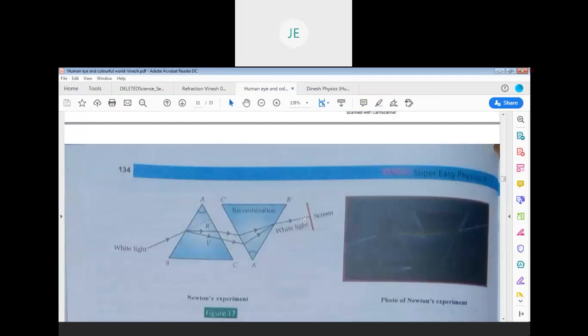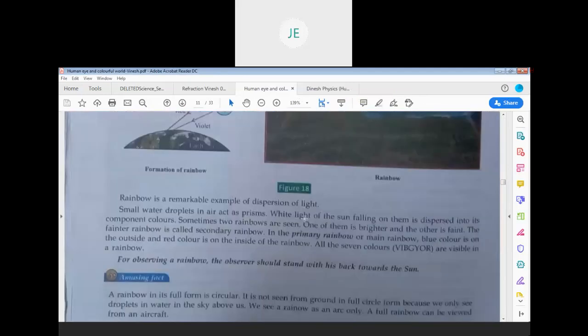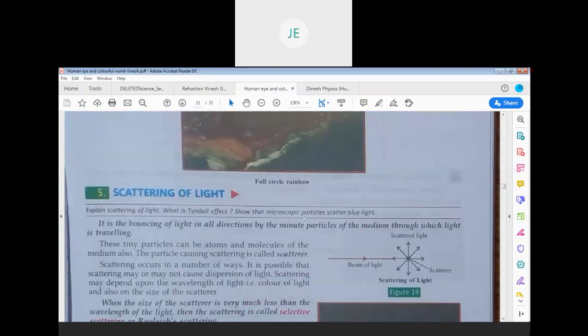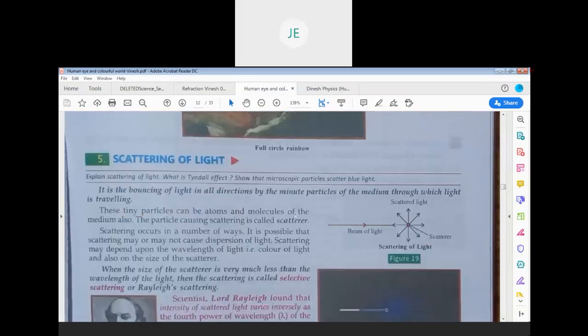But our school teacher was telling that either you have to write scattering of light or atmospheric refraction. Yes, atmospheric refraction you have to write. Otherwise, you will not get marks. So you should write atmospheric refraction.